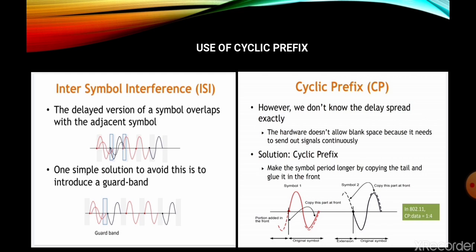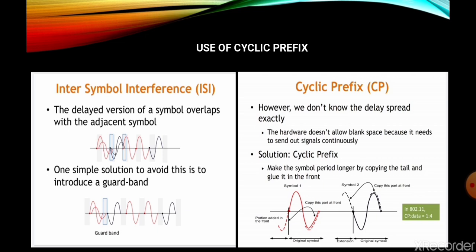One solution to avoid intersymbol interference is to introduce a guard band, or a gap between one symbol and the other, so that even though it spreads out or delays, it will occupy the guard interval and not cross the boundary of the other signal. So the guard interval is essential to remove the intersymbol interference.